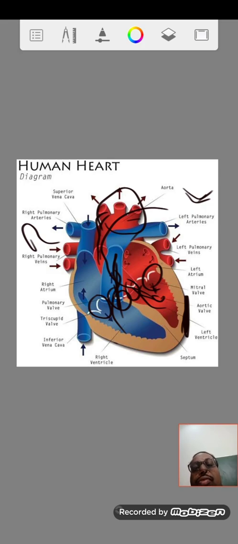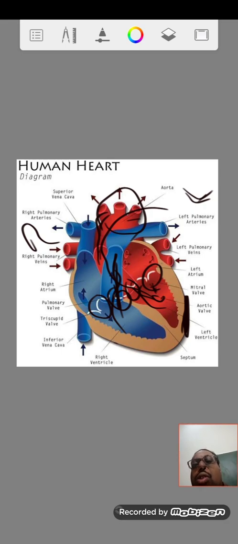When the heart is pumping, that pressure has to be maintained for some time. For that, this particular vessel should be big in size. As it goes to the different parts of the body, the size will be getting reduced and reduced. Then it will enter into the tissues. This is the basic structure of the human heart.